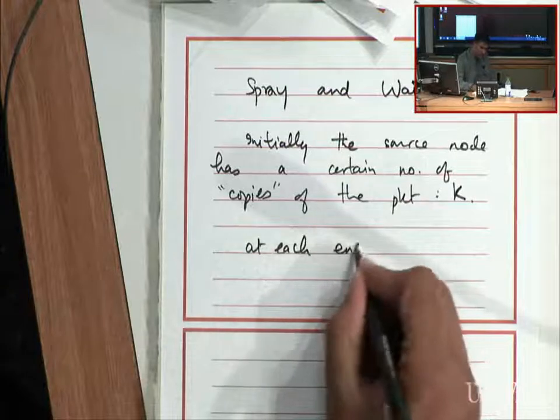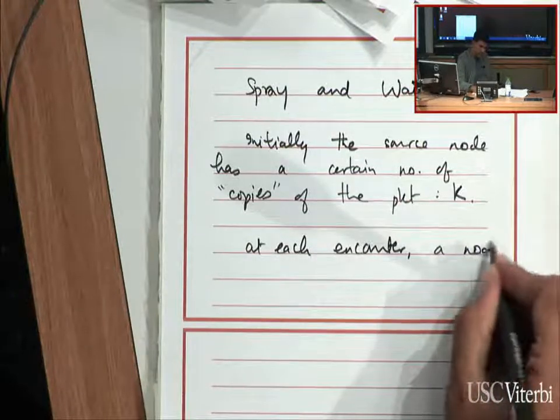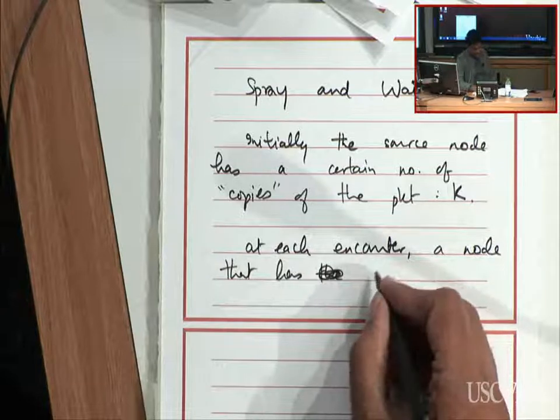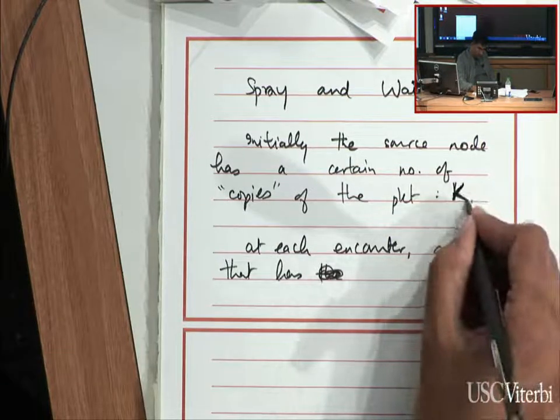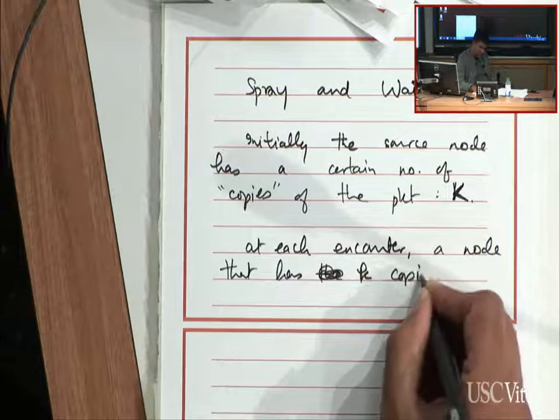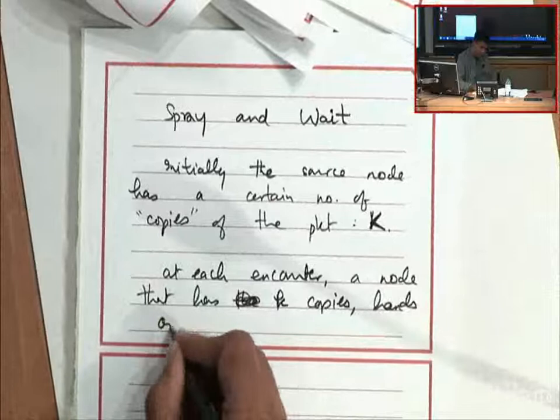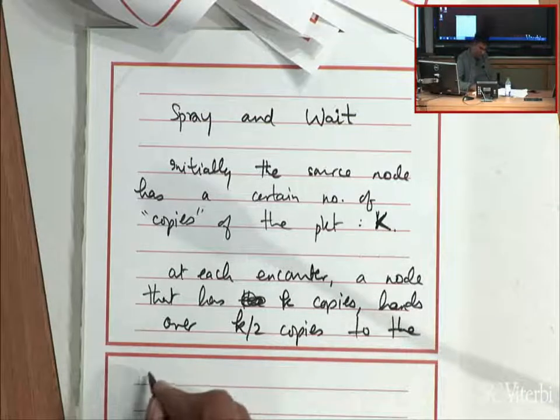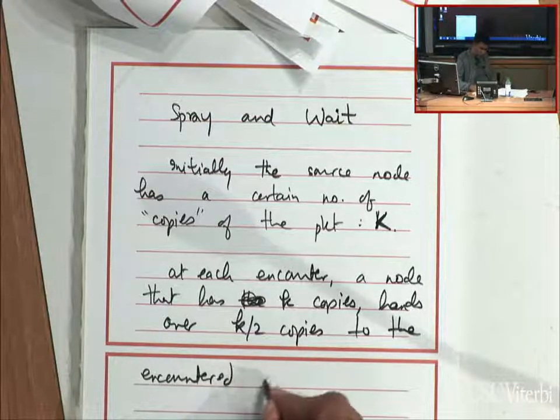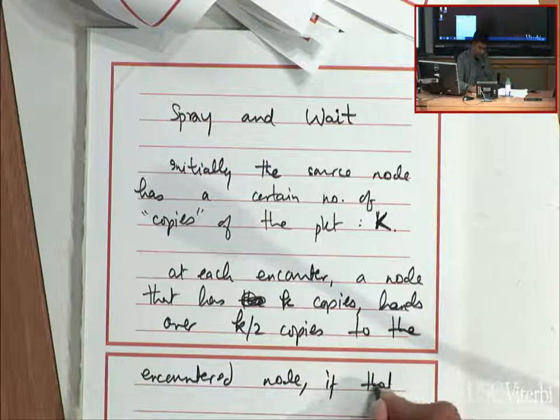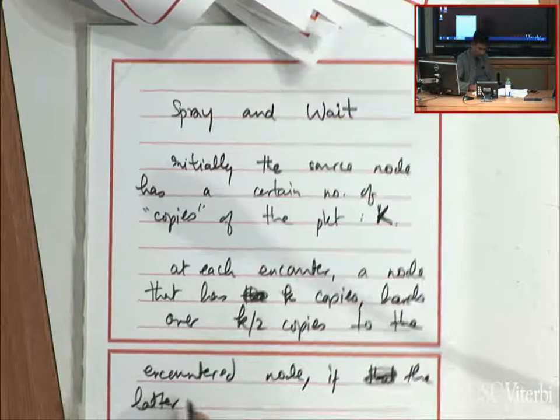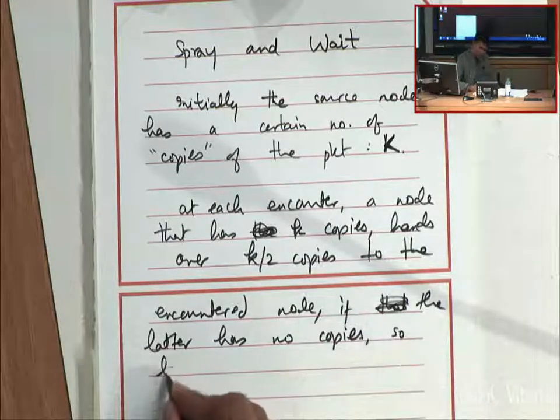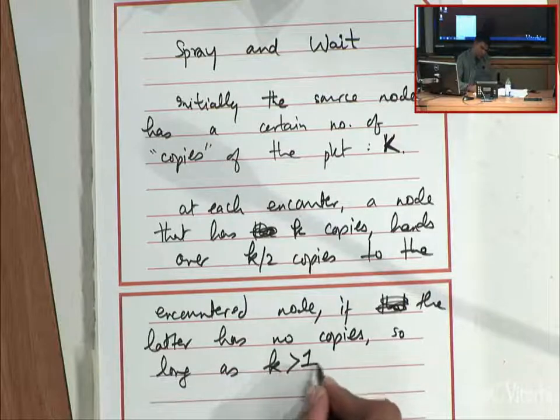At each encounter, a node that has, let's say, lowercase k copies, hands over half of the copies, so k over 2 copies, to the encountered node if the latter has no copies, so long as k is bigger than 1.